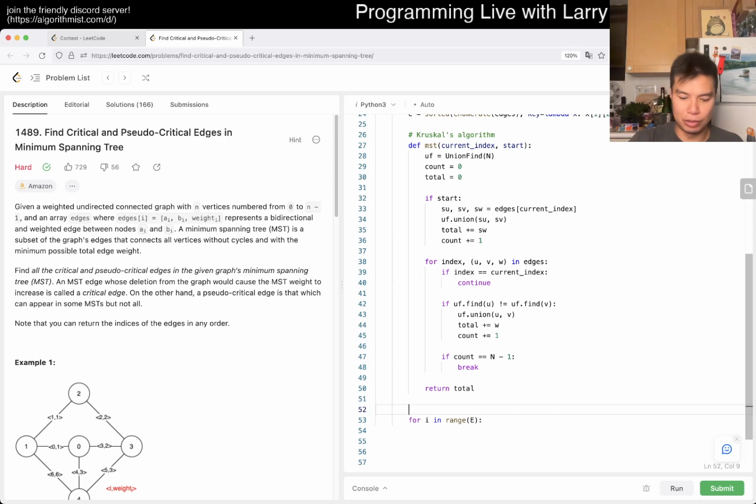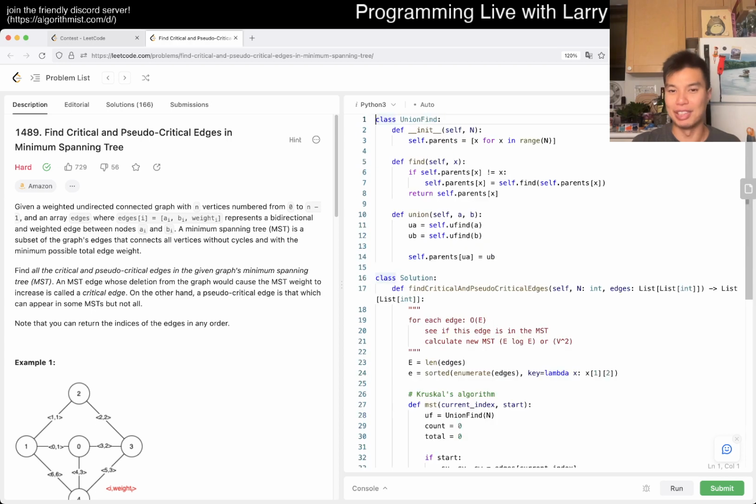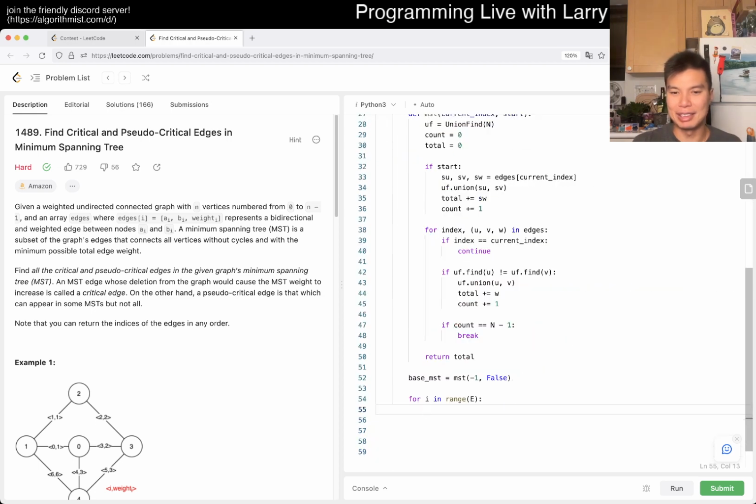I need to do the standard minimum spanning tree. So let's just say base MST is equal to MST of current index to the true and force. We're not skipping anything, should be fine. Or we don't start with and we don't skip anything. I think that should be fine. Hopefully it is, because if it's not, that'll be a little bit sad.